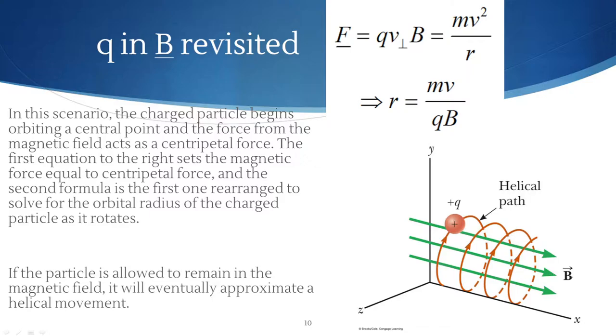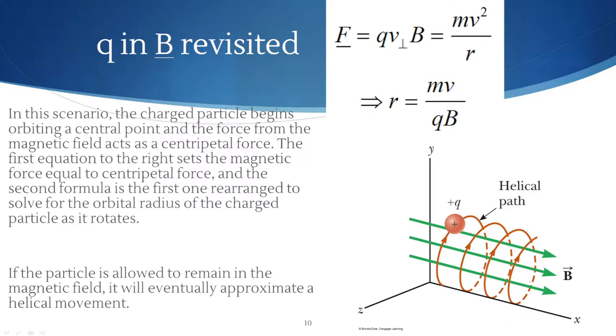But that x magnetic field is unable to stop the x component of the velocity. Since the field and the velocity are parallel, there's no interaction there. And that means that the particle can still move forward as it is rotating helically.